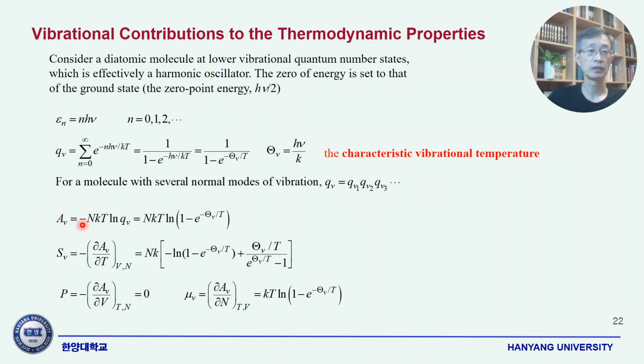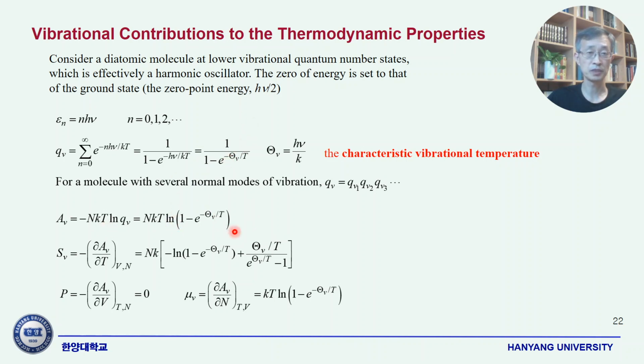Then A is minus nkT ln qv, because qv is raised to the nth power, so the n goes in front of the ln sign. So nkT times this, with qv here. Then the minus goes into the log sign, which makes this reciprocal.